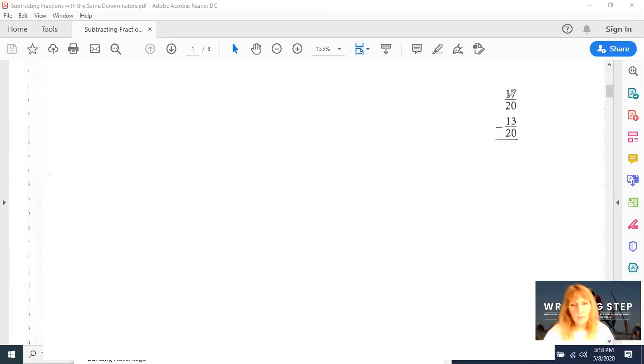So I just do 17 minus 13, 7 minus 3 is 4, and 1 minus 1 is 0, so just 4 on top and 20 on the bottom. Ask yourself, are you finished, or is there more to do? Of course, there's going to be reducing. So we can divide the top and the bottom by 4.